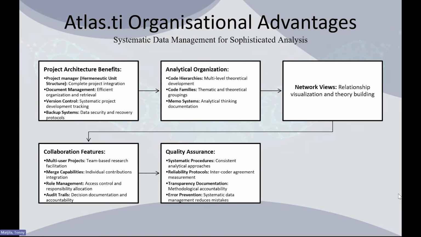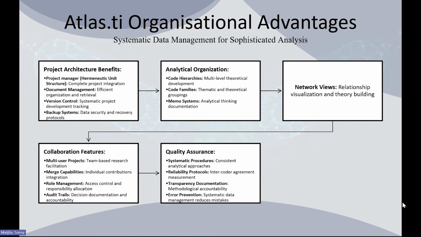We also have network views, which I'll go into. We have collaborative features, so if you are in a team or writing an article with your supervisors, you can work together, especially on the web version, because it has features that enable team-based research while maintaining individual accountability. So you can see these organizational advantages.